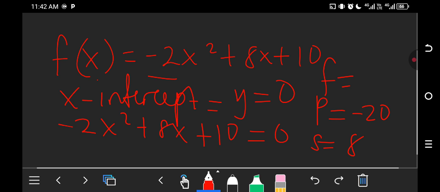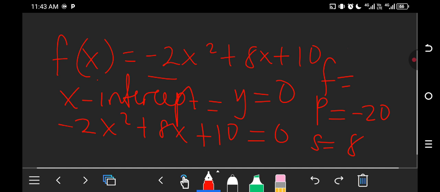So which two numbers will give you that product and that sum? To find those two numbers, you just consider the product and look at the factors of the product.